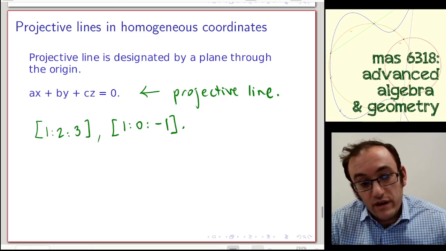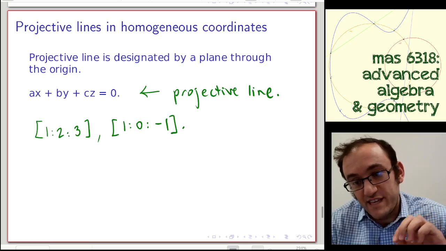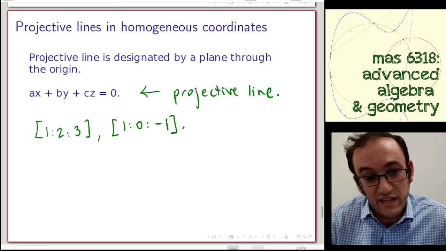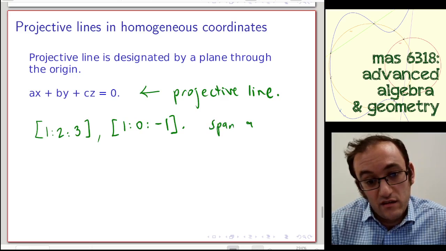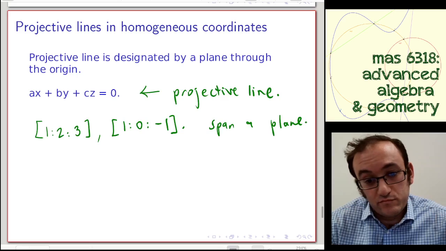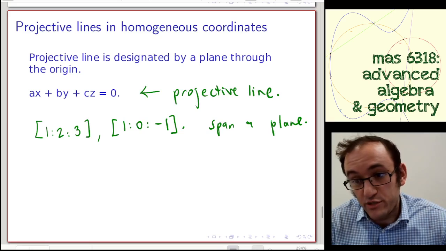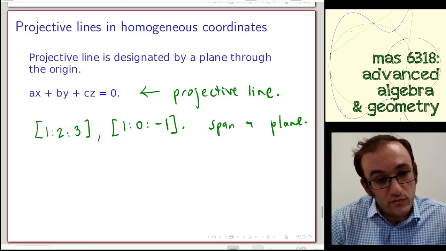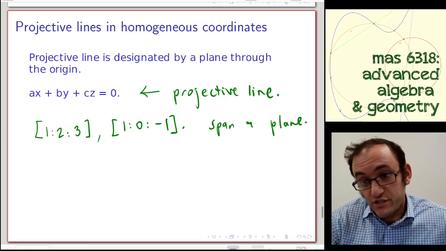You can see right away that they're not on the same line through the origin, so they do span a plane. So in order to find the equation for the corresponding projective line, we just need to find an equation that vanishes on both of them.